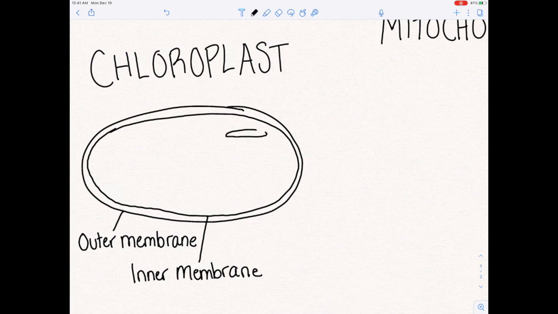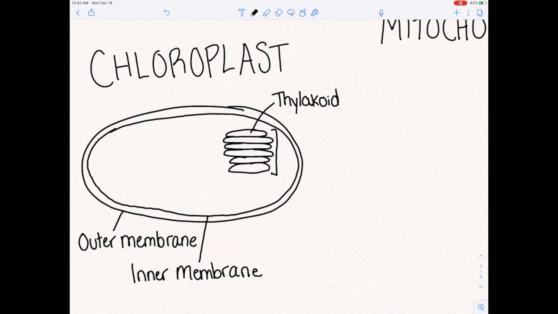Inside of the chloroplast, there are little discs. Each one of these discs is called a thylakoid. And when these discs form stacks, there's another name for a stack of thylakoids, and that is a granum. The plural of granum is grana because there are multiple stacks of these thylakoids.